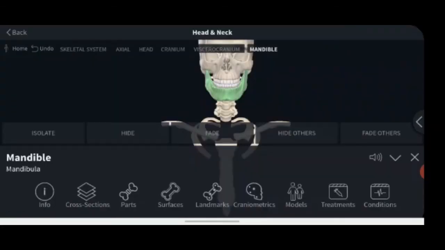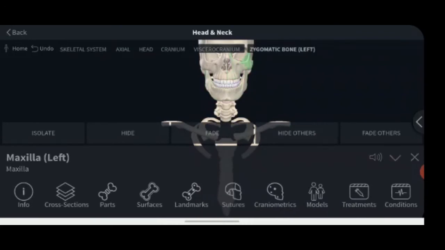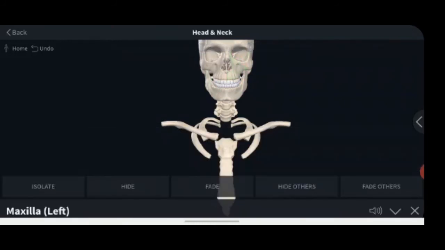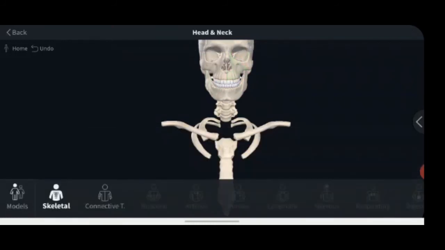Paired maxilla. So this is the maxilla, the paired maxilla bone. Paired lacrimal bones.